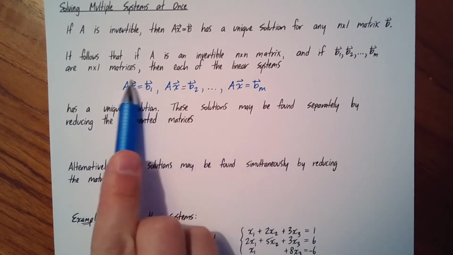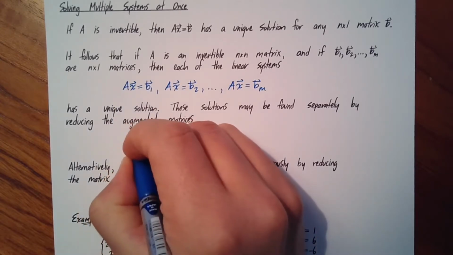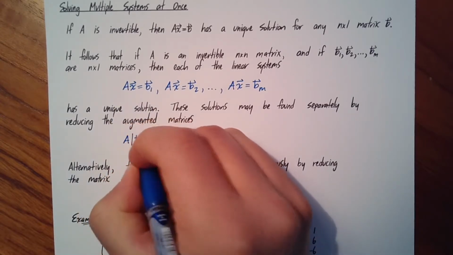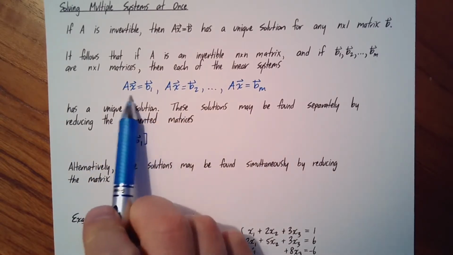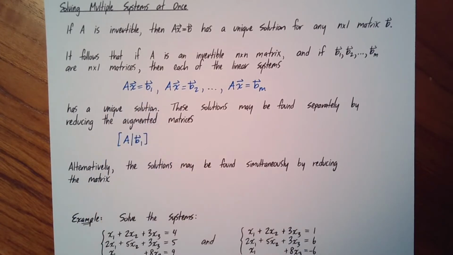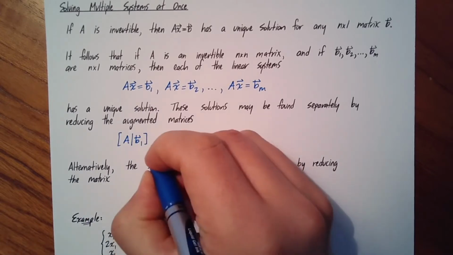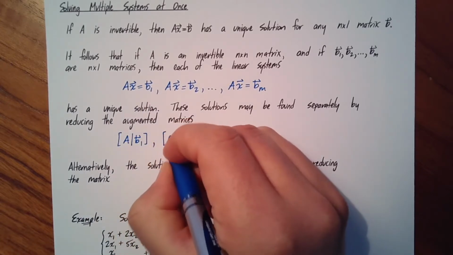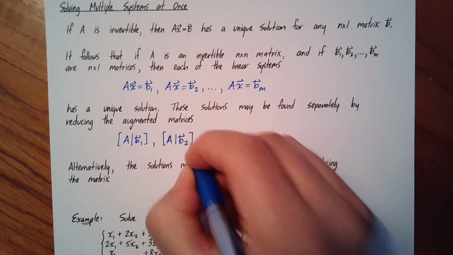So what would the augmented matrix of this linear system be? Well, you'd have A and then B1. That's the shorthand we use for the augmented matrix of the linear system that underlies this matrix equation. So that would be the augmented matrix for the first linear system. And then you could reduce this augmented matrix.